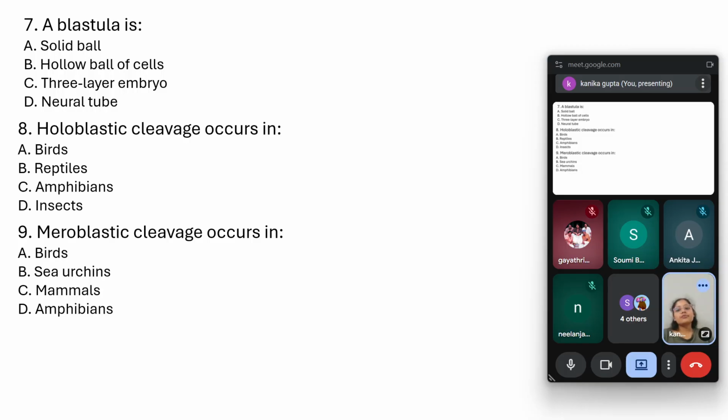So question number 8. Holoblastic cleavage occurs in. I've got one correct answer.